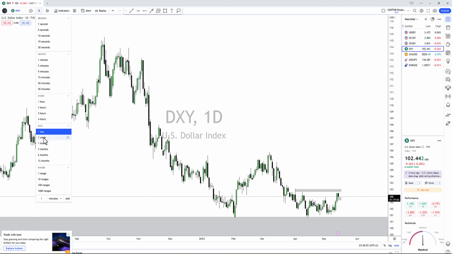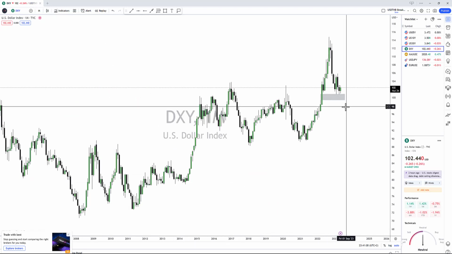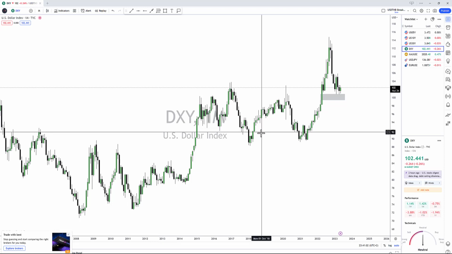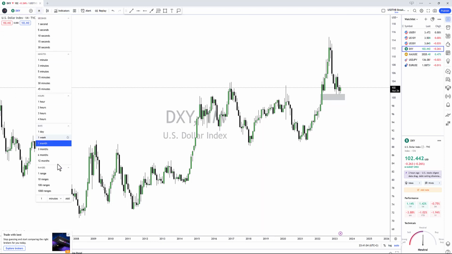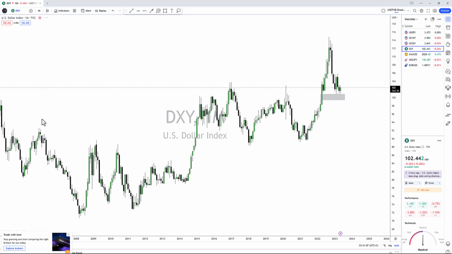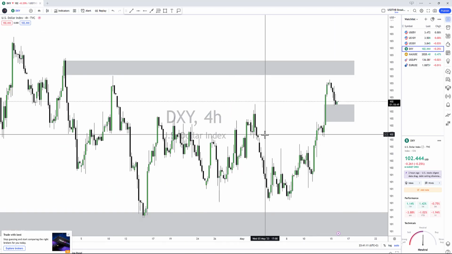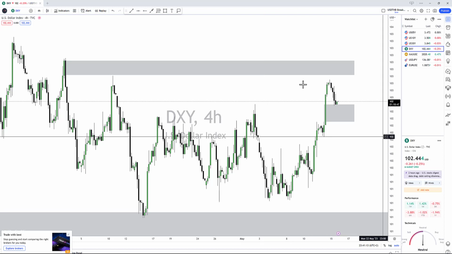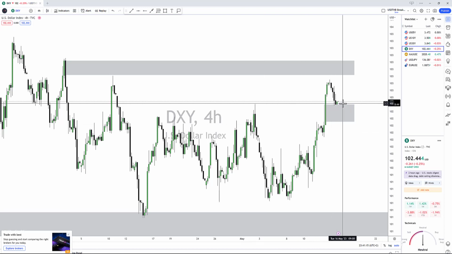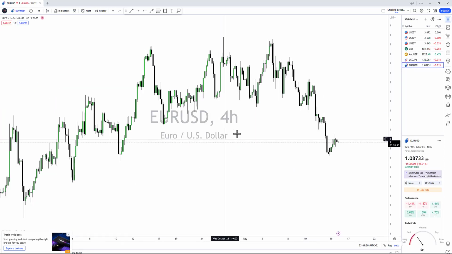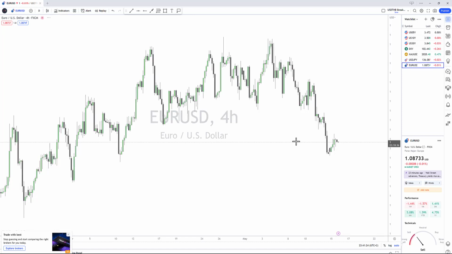Longs were trapped there. I even checked the COT report, but I do believe that longs were trapped on Friday and Thursday, right? So yeah, this is what I wanted to illustrate with you guys. So I'll still be looking towards shorting the dollar and going long on Euro USD and Pound USD.